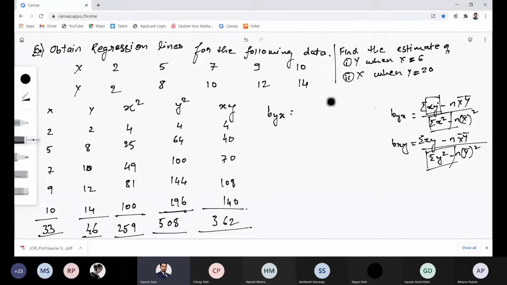So byx is equal to 362 minus, what is the value of n? 5. Okay, let's find out x bar first.